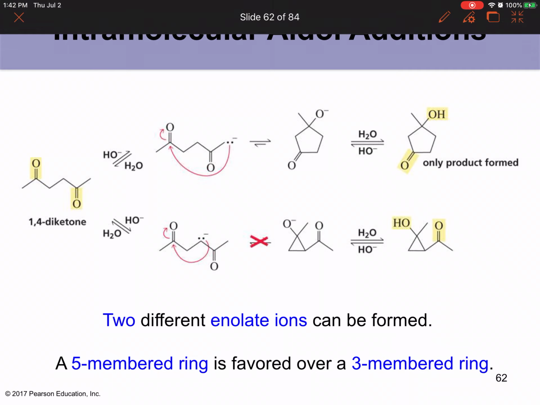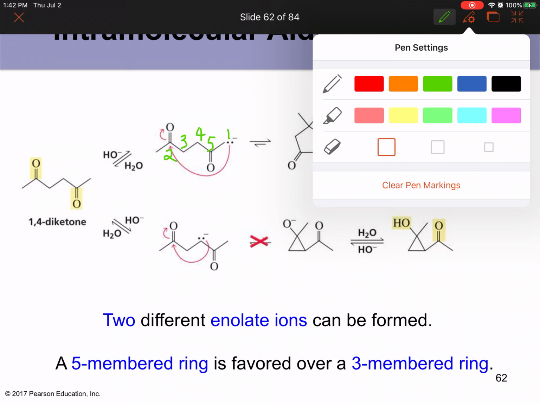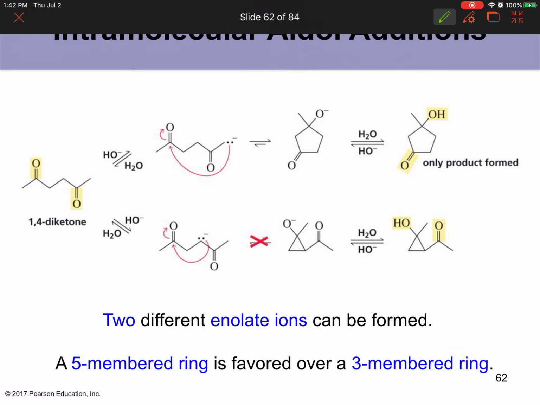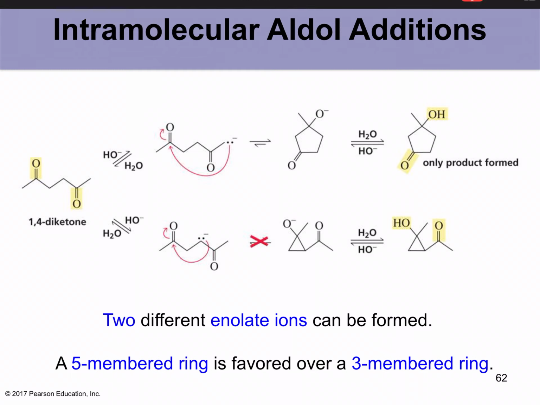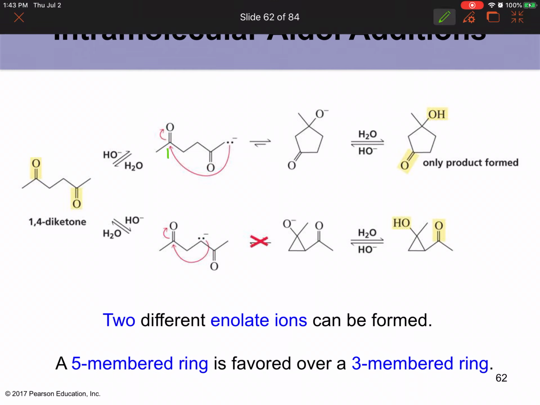If you count the number of bonds, this is number 1. 1 is going to combine with, let's say, number 2, 3, 4, 5. So it's going to be a 5-membered ring. Or if I just number it from here, 1, 2, 3, 4, 5, 5 is going to make a bond with 1.